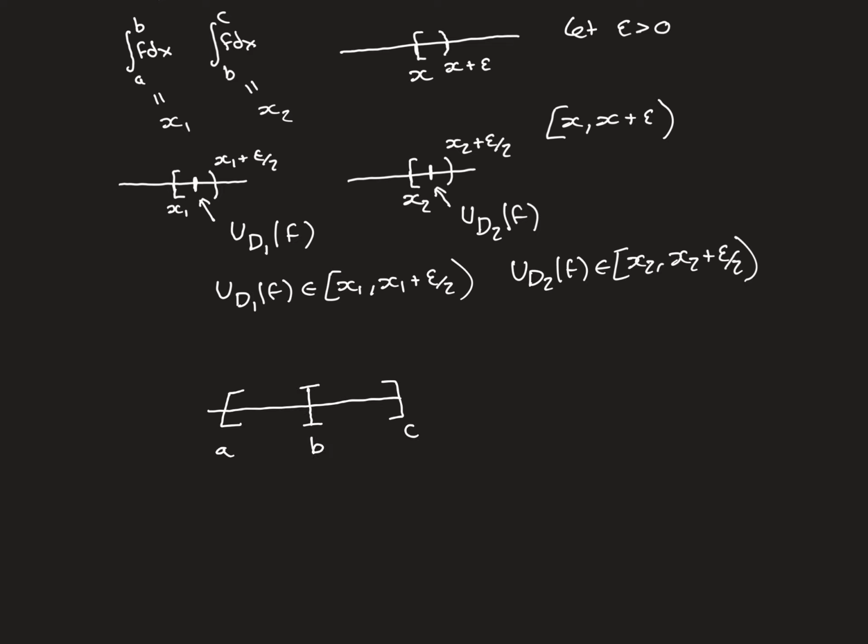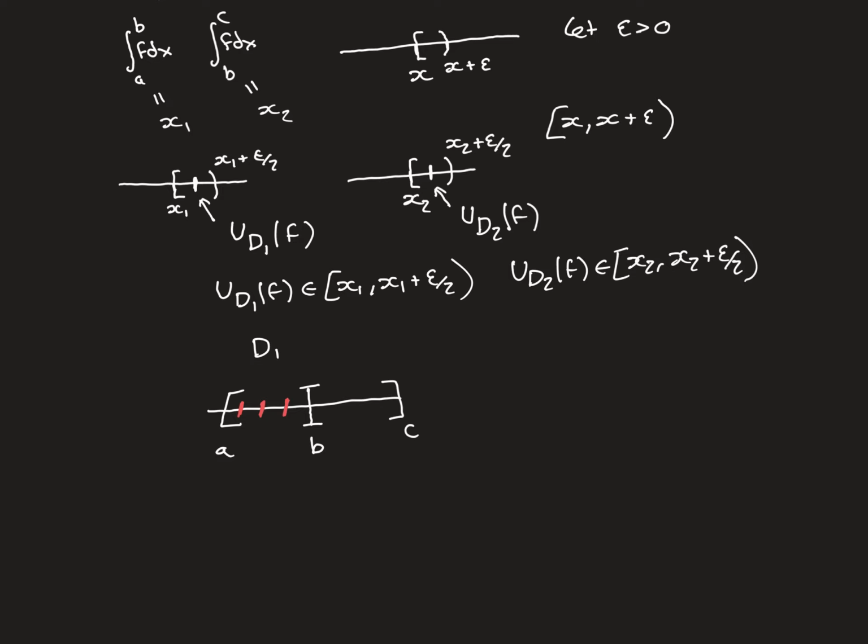So just to show this explicitly on a picture, here we have AC, here is B in the middle here. Now the dissection D1 is a dissection of the interval AB, so it's cutting this interval up, and just for simplicity we'll have it cutting it up into, let's say, 4 pieces. So overall it's a sequence of 5 numbers, starting with A, then this one, then this one, then this one, and then ending with B here.